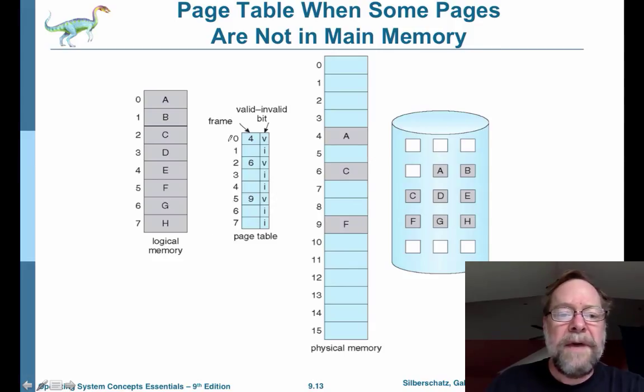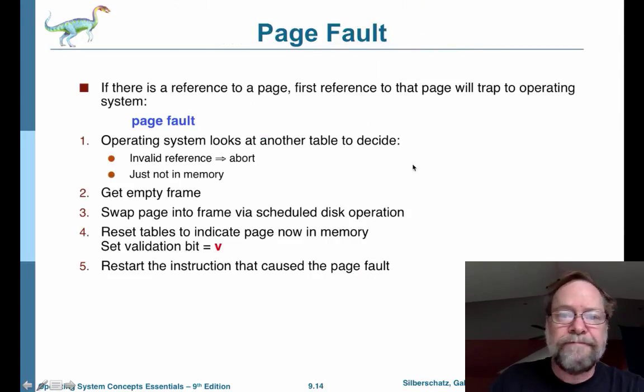If you look over here in the page table at 0, 2, and 5, you'll see that their bit is set to valid for only those 3 pages, and the other page values are set to I, meaning they're invalid, so those pages are only over here on the hard drive.